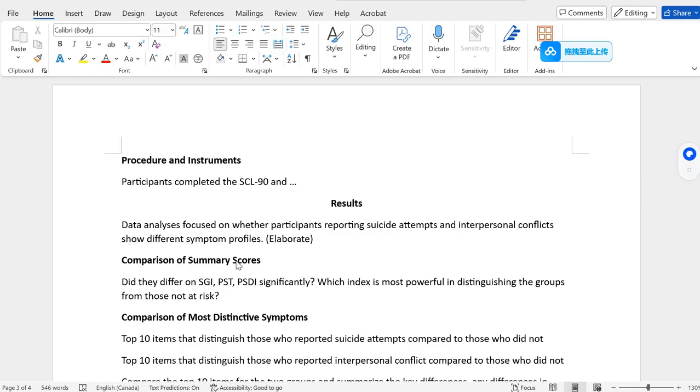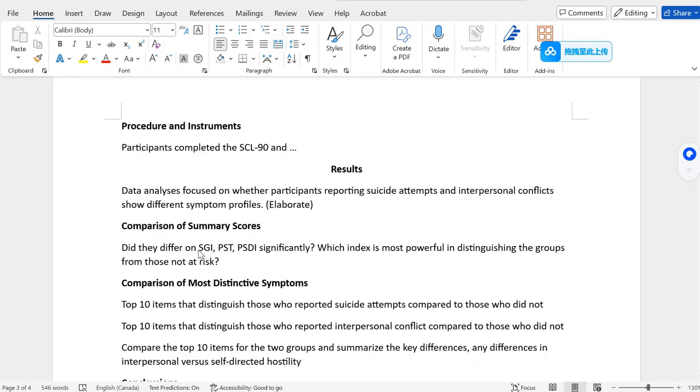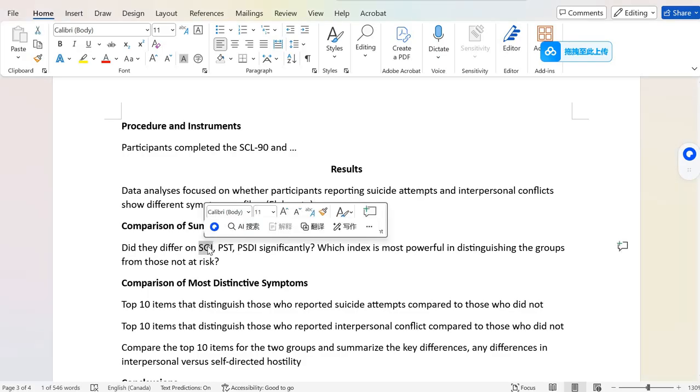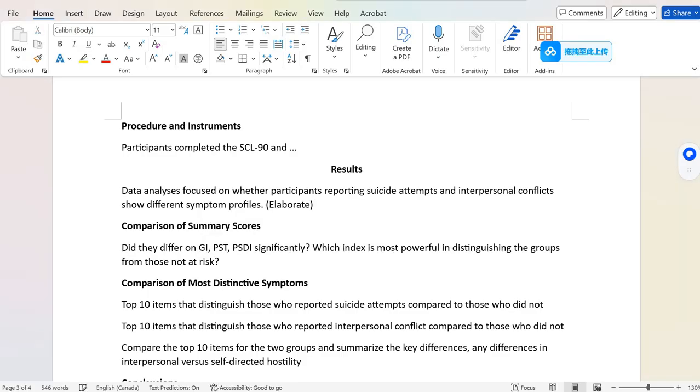When we are looking at these two samples, we look at some global indices. We look at whether they differ in symptom. What is this one? Well, this is a typo. Global Symptom Index, the average score on the 90 items, and the PST, Positive Symptom Total, the total number of positive items, Positive Symptom Distress Index.